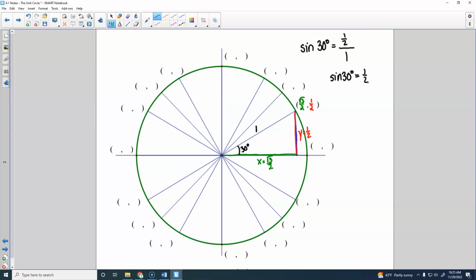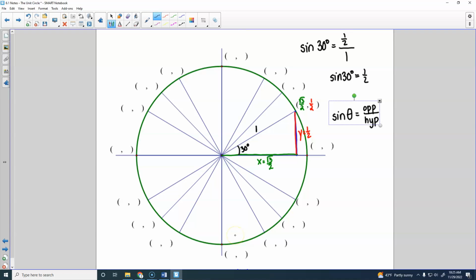If we think about it more generally, sine of theta, sine of my angle, is going to equal the opposite side over the hypotenuse.